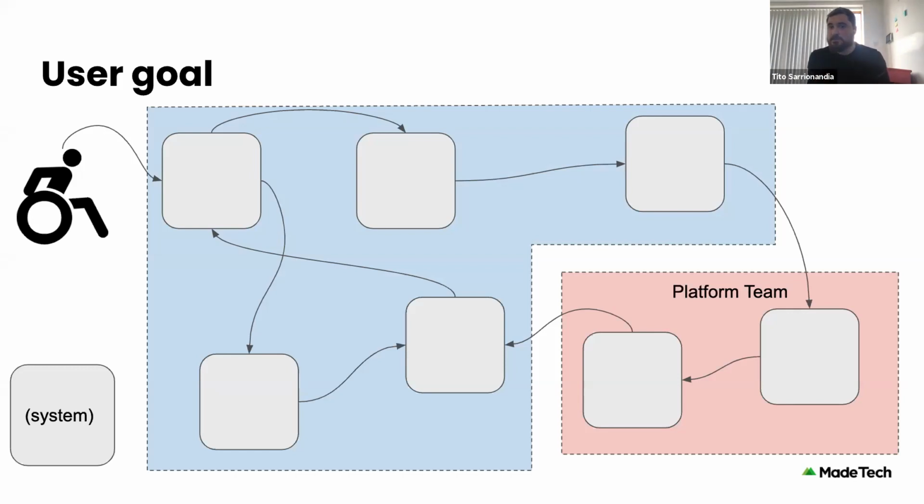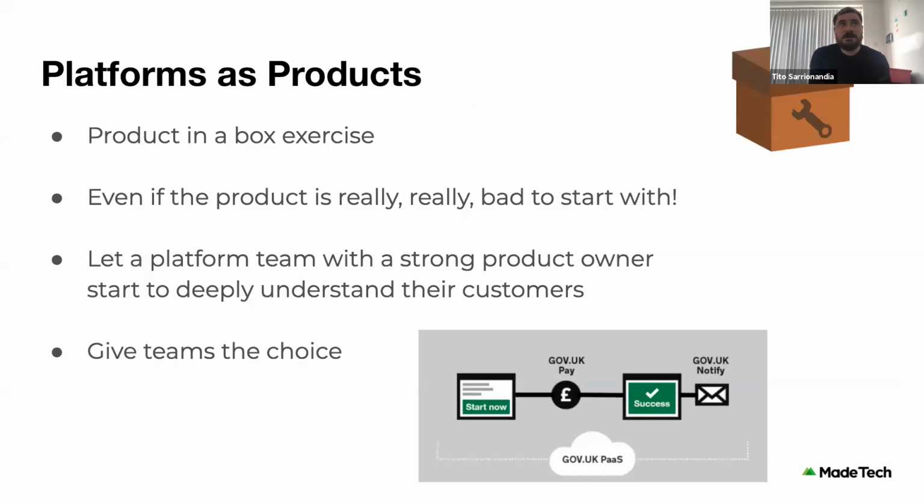Call it a platform and make it clear to this platform team that they've got a product, and that the customers of that product are engineering teams or digital teams, and that there's no guarantee that those teams will continue to use their product, right? So don't let them talk like a service team. Don't let them talk like a cost center. Only let them interface with the organization as if they were a product team, just happens to be an internal product.